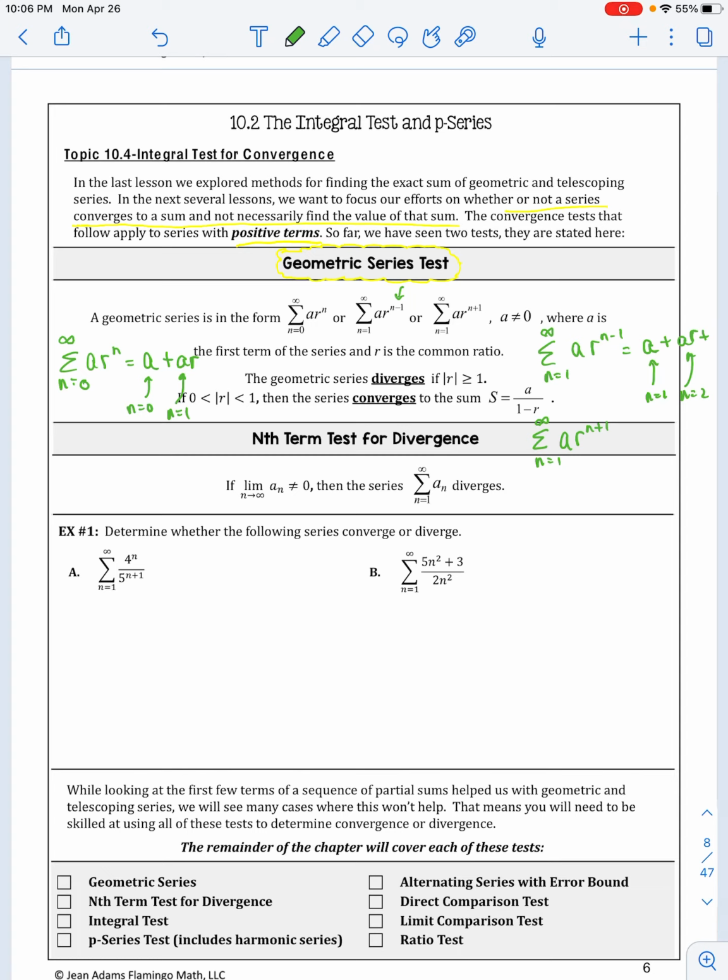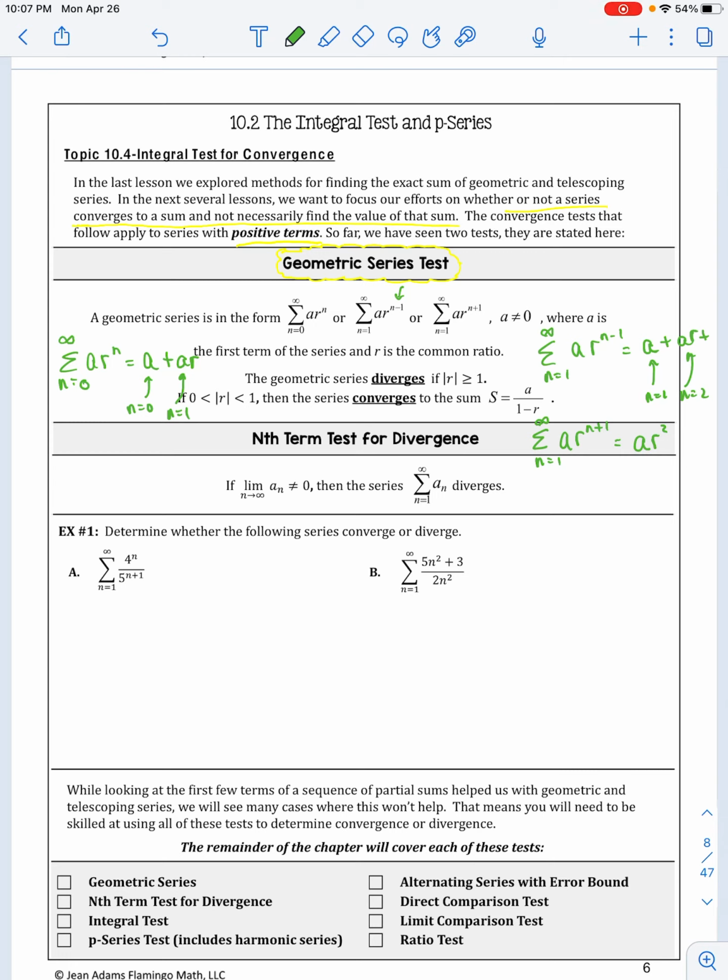The next one that we have, summation n equals 1 to infinity of a times r to the n plus 1. When I put my 1 in, I get a r to the second. Uh-oh.